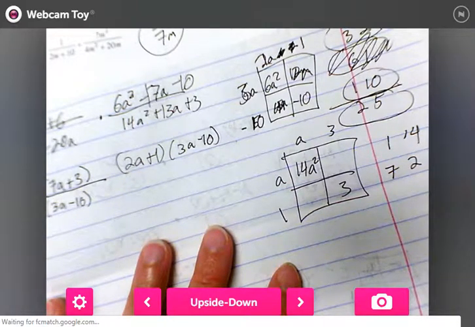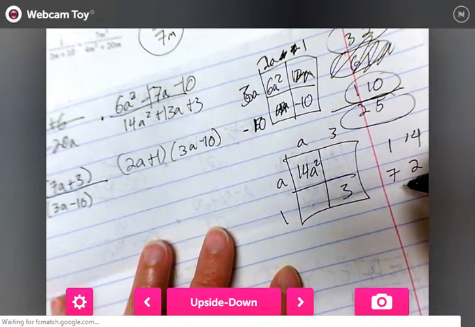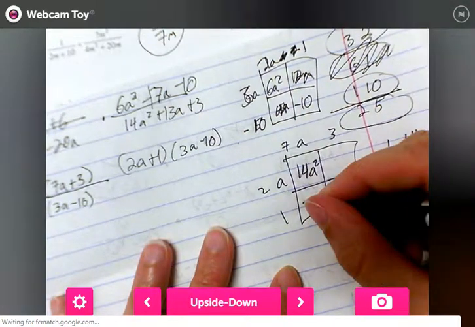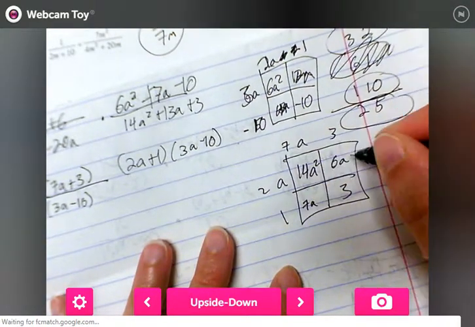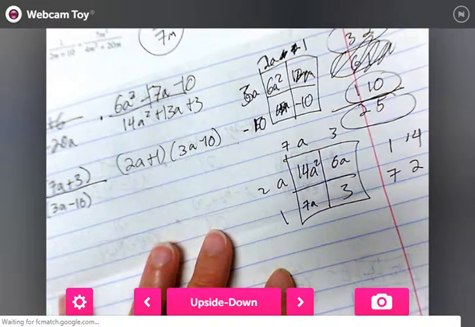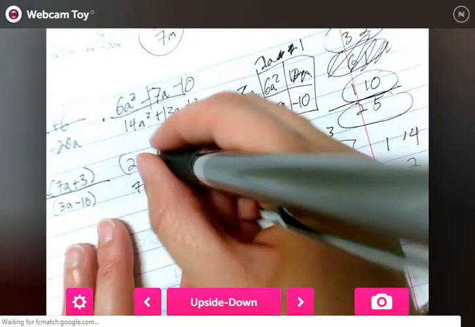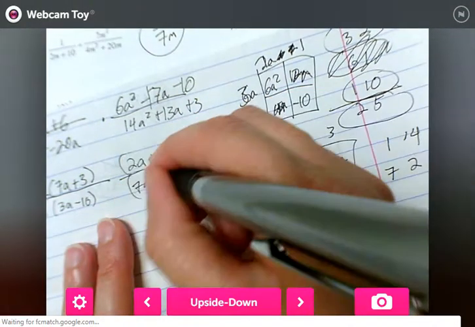If I subtracted 21 minus 2, I get 19, and I don't want that, I want 13. So let's try 2 times 3 is 6, and 6 plus 7 is 13. So I get 7a and I get 6a, and that adds up to 13. Okay, so that's 7a plus 3 and 2a plus 1.